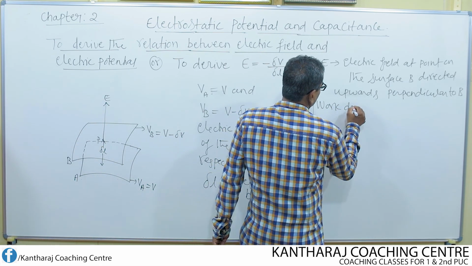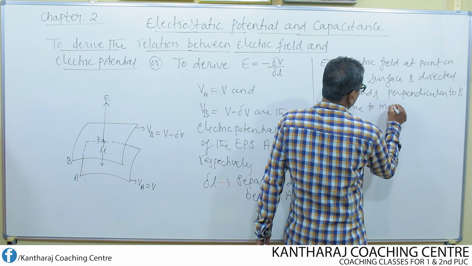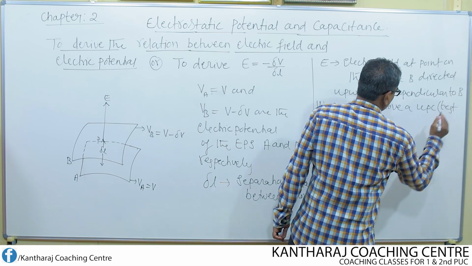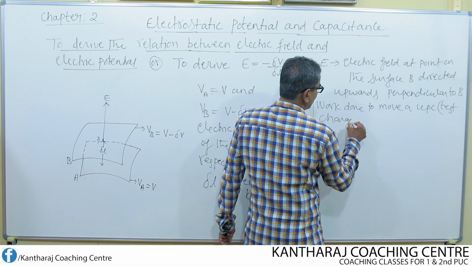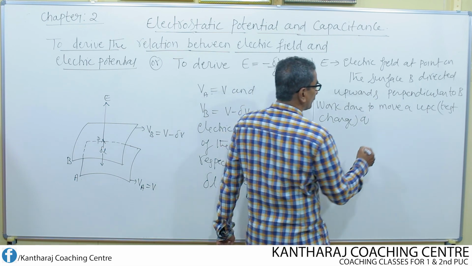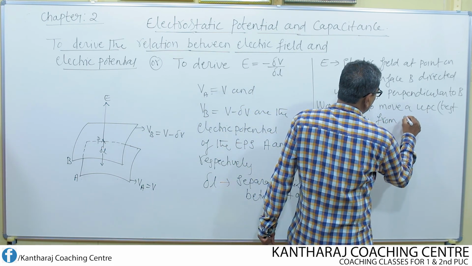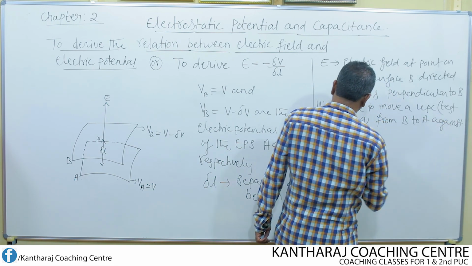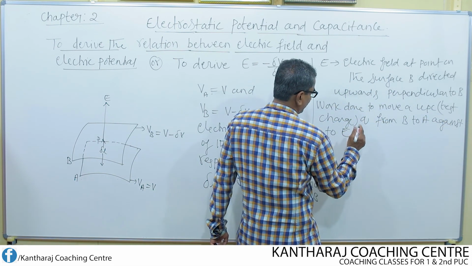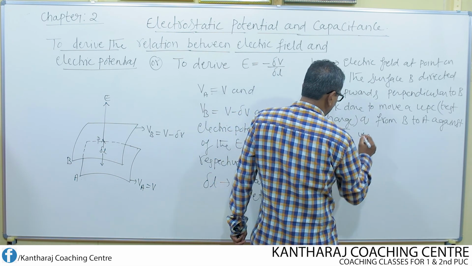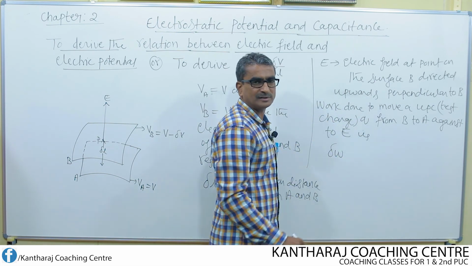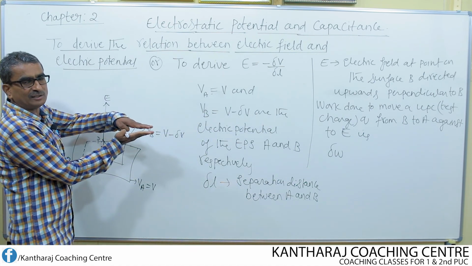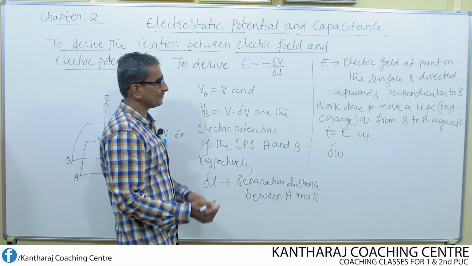Work done to move a unit positive charge or test charge Q from B to A against the electric field E, I write as delta W, because the distance of separation between the two surfaces is small. It should not be taken too large, it should be small.